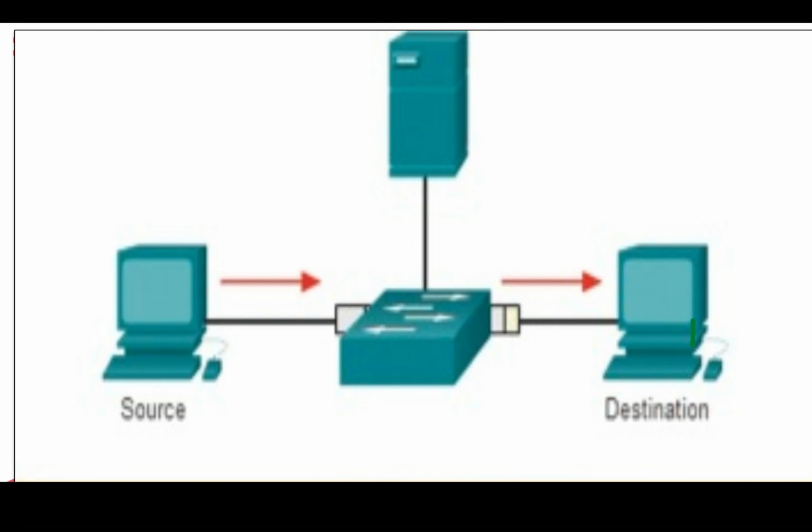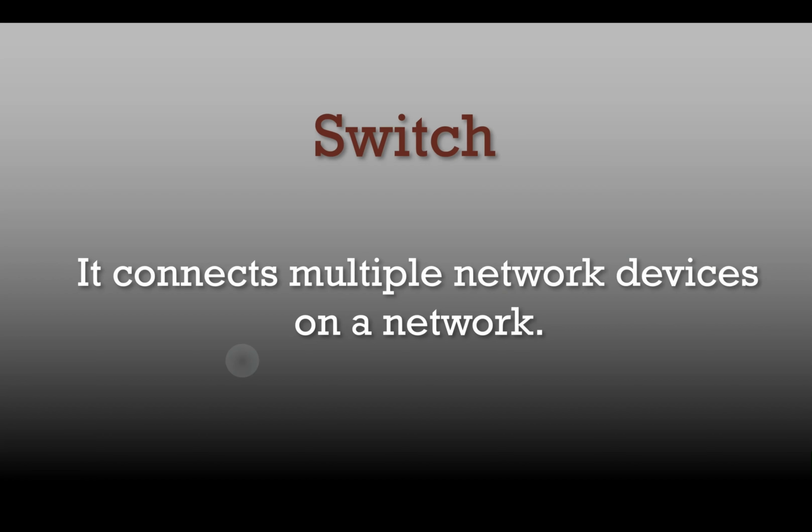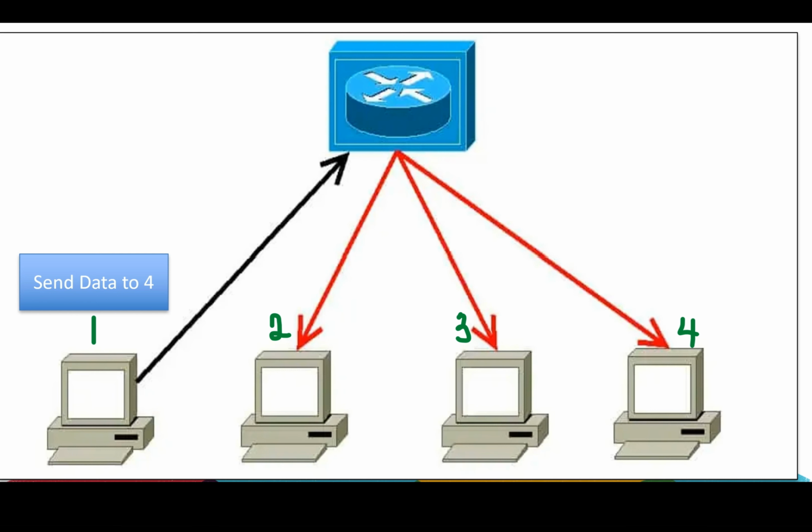But then after the first broadcast, the switch will cache. So it will permanently, sometimes temporarily, store the addresses for each of the networking devices on your network, right? So in this instance, computer one is trying to send data to computer four, the switch would smartly send the data to just four, but not to two and three.